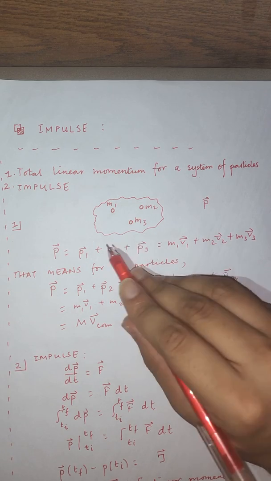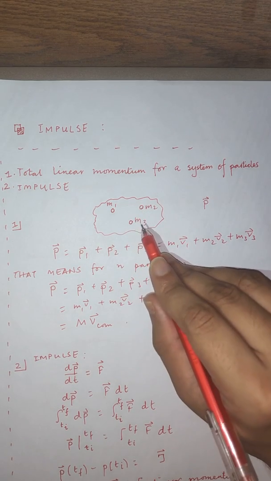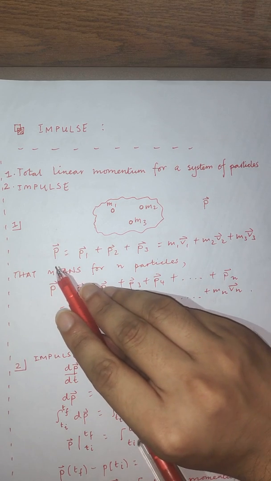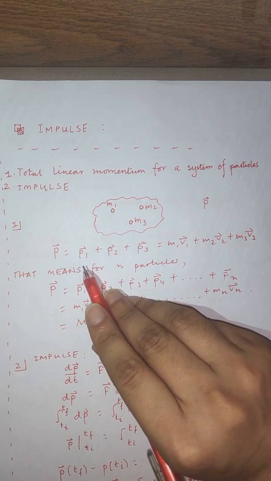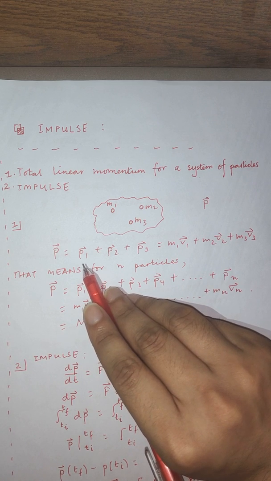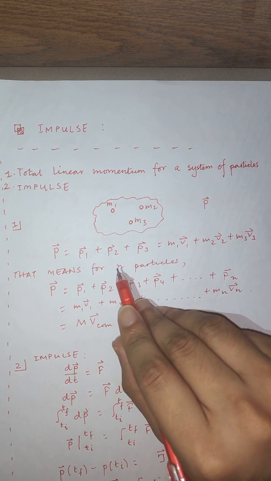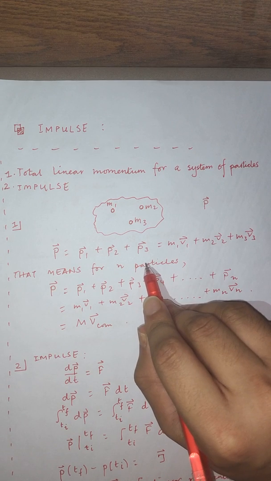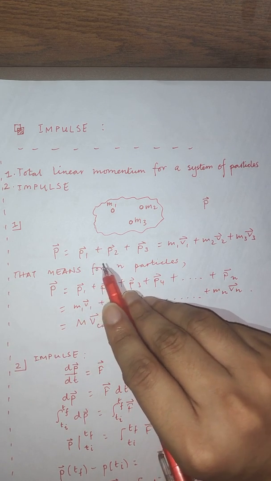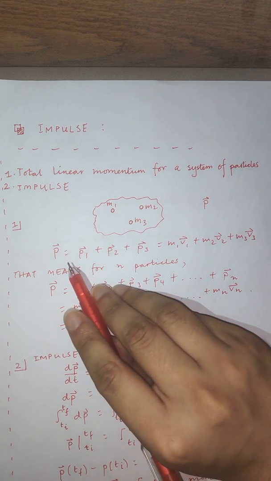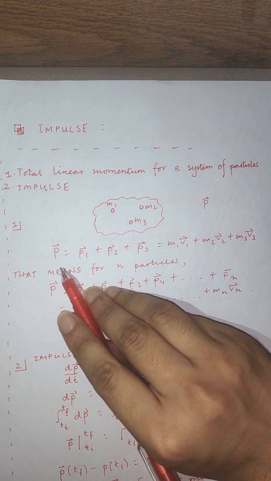Since this is a system of 1, 2, 3 particles, the total linear momentum for this system would be the summation of the linear momenta of particle 1, particle 2 and particle 3. So small p1 plus p2 plus p3 would give us the total linear momentum.